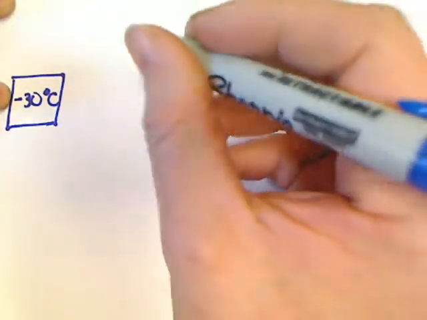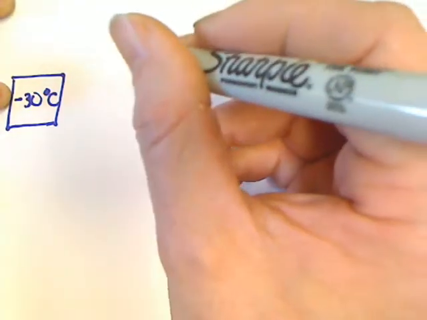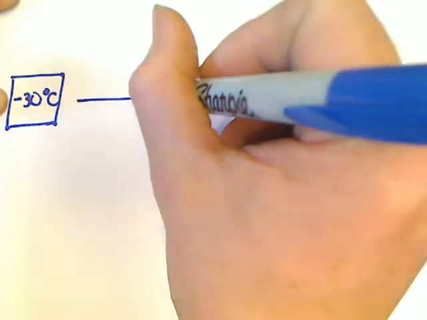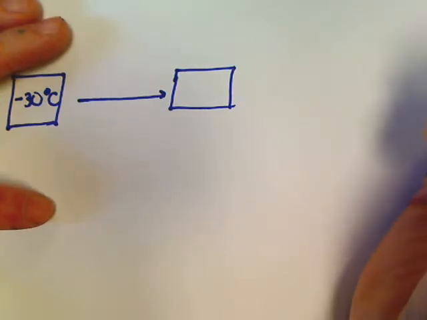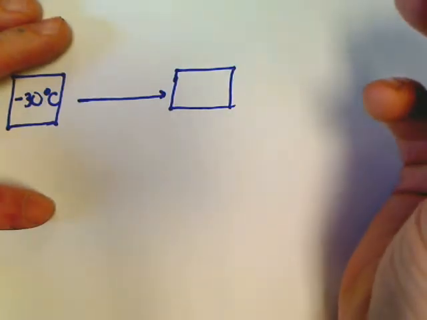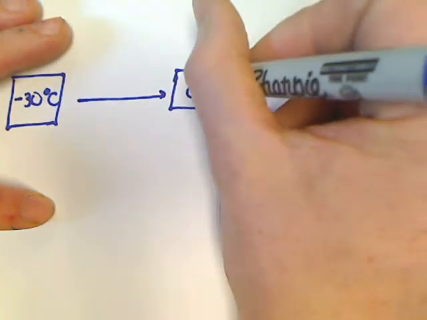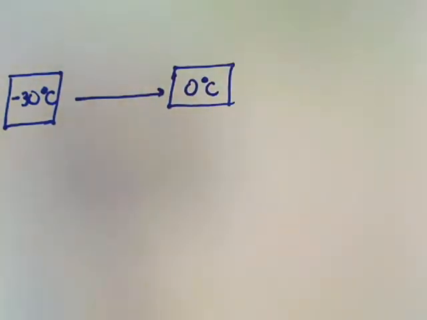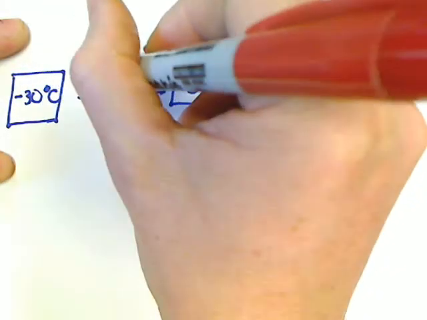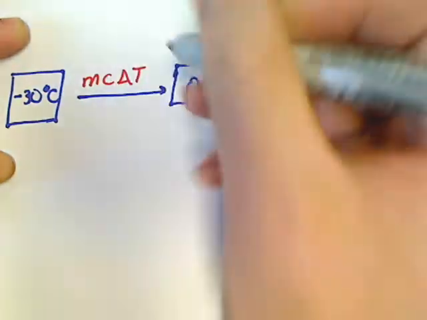Before I can melt a piece of ice, here's the thing. I cannot melt a piece of ice that's at negative 30 degrees. Before I can even attempt to melt this piece of ice, I've got to warm up the piece of ice. Well, what temperature is the ice going to be before it melts? I'm going to have to get the ice to at least 0 degrees Celsius, which means the first part of this problem is an MC delta T question.